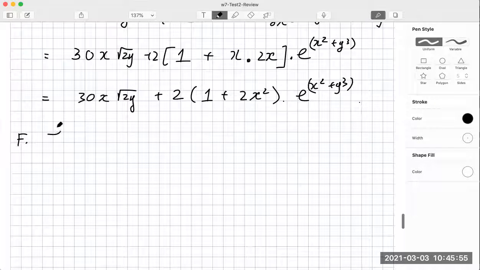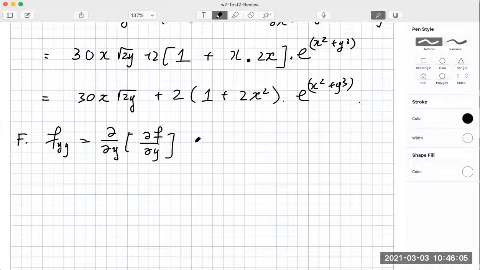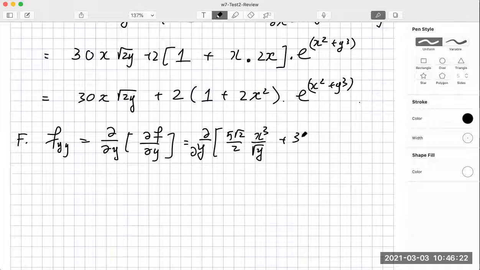F, we need to compute fyy, which is the partial derivative with respect to y of fy, or this guy. And we know that the partial derivative with respect to y is 5 square root of 2 over 2 x cubed square root of y plus 3y squared e to the x squared plus y cubed.